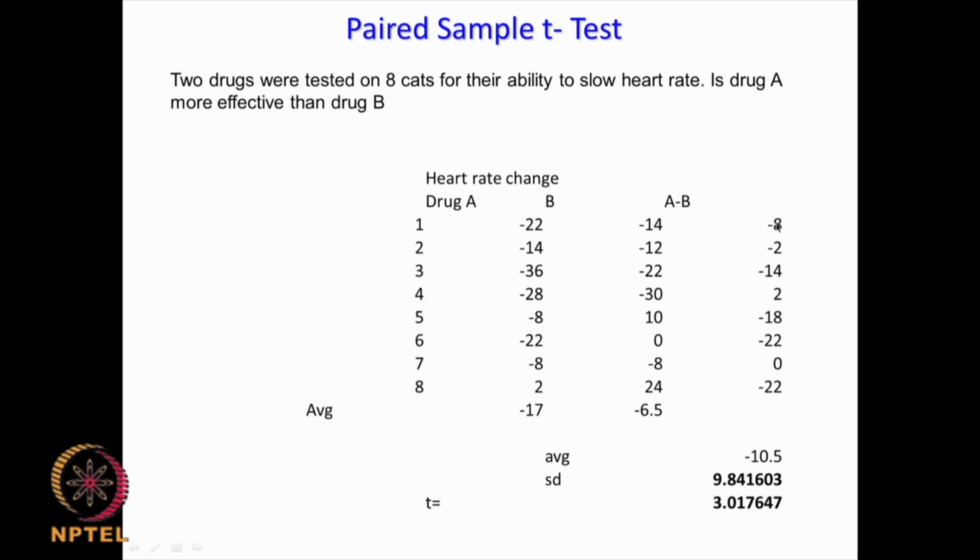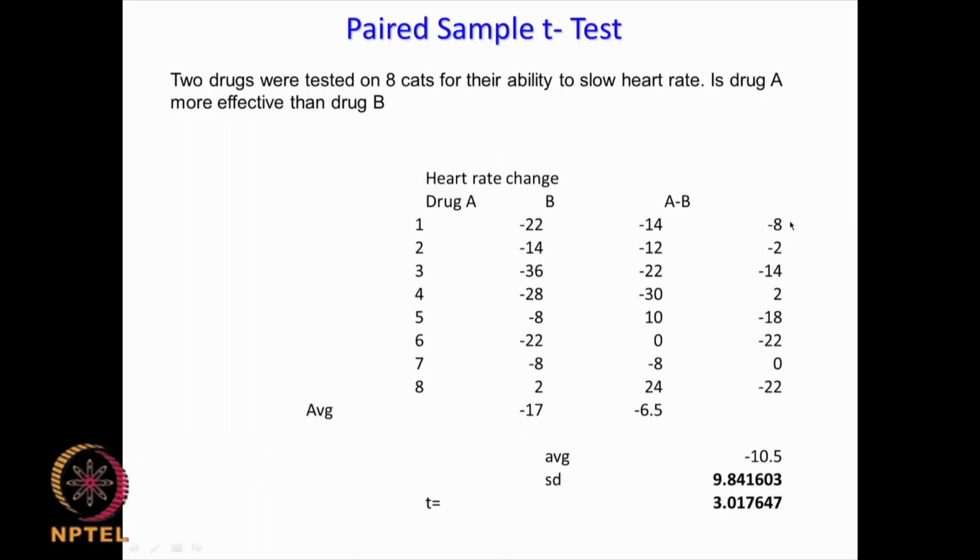But when we do a paired sample t test, where we are subtracting one sample from another sample to get the difference for each one of these cats, and then we get x bar here, our null hypothesis will be mu naught equal to 0, but x bar is minus 10.5. We want to know whether it comes from a different population.